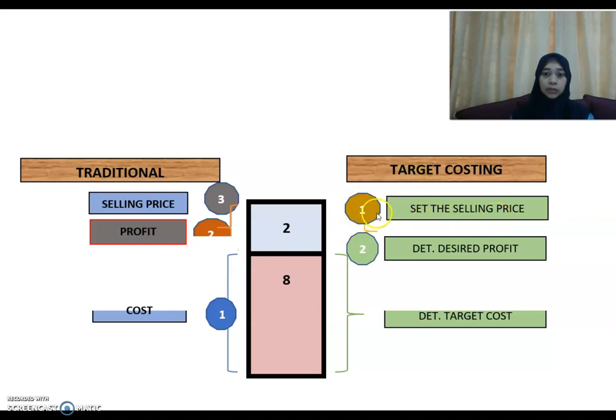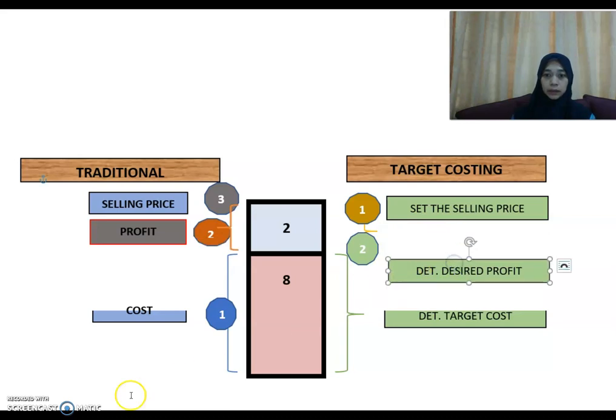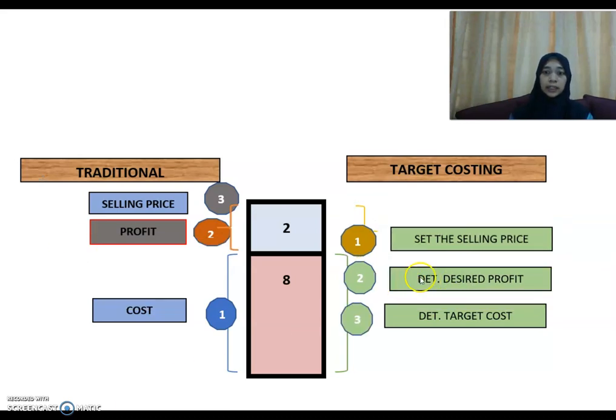So first, based on target costing, you set the selling price. So if you are saying that I cannot sell at 10, I need to sell at 8 because everybody is selling at 8, for example.